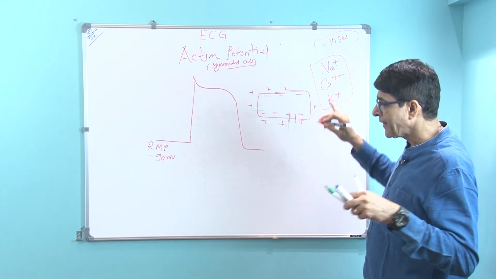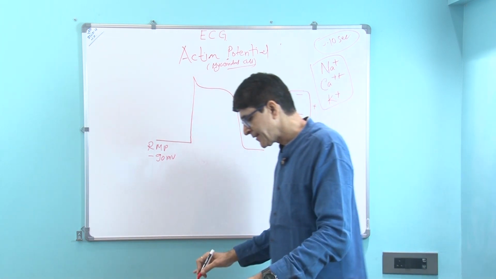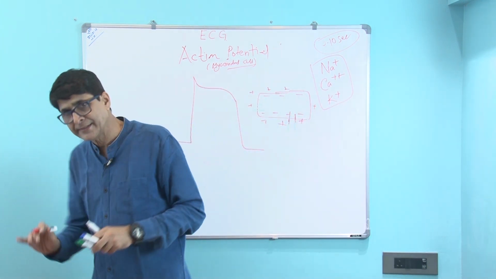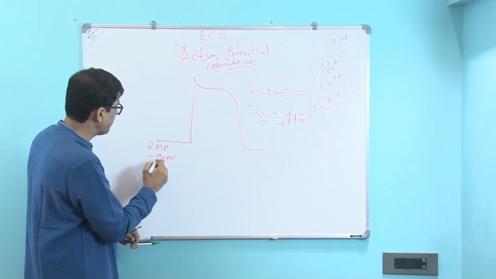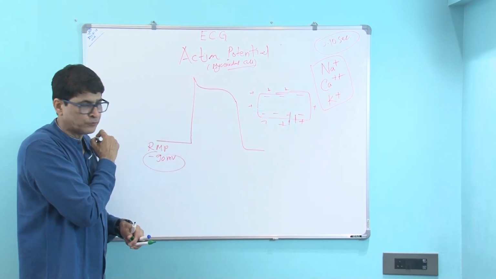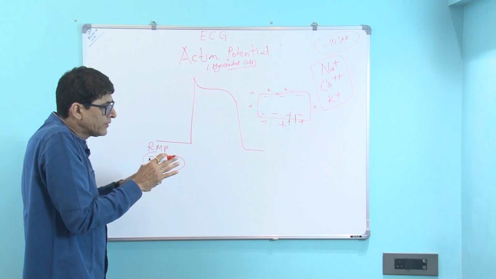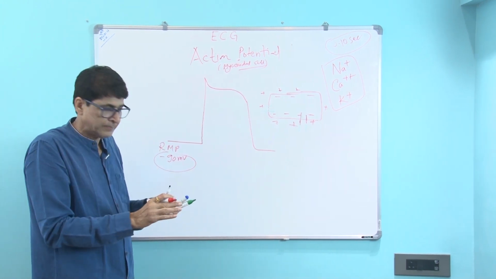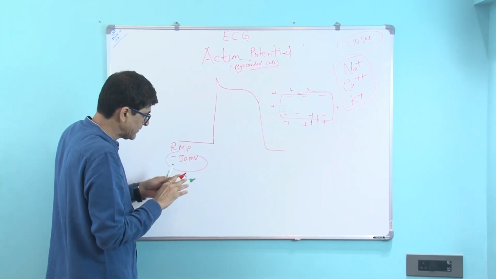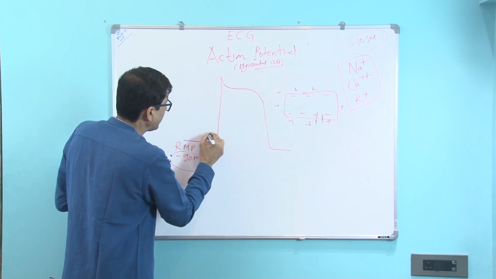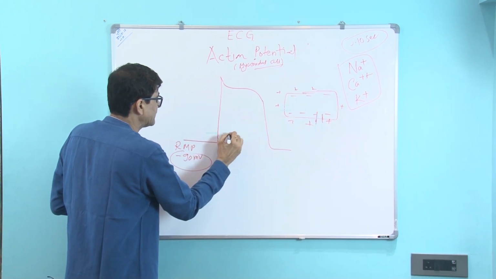When the cell is at rest, the resting membrane potential is negative, so it is a fully polarized cell. Now what happens? There is something known as the threshold potential.